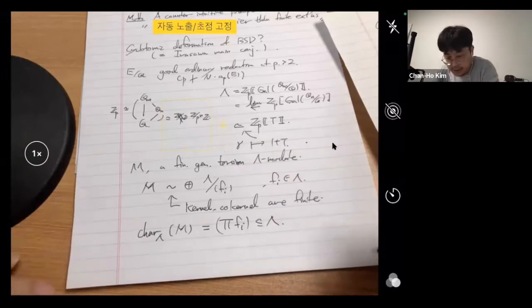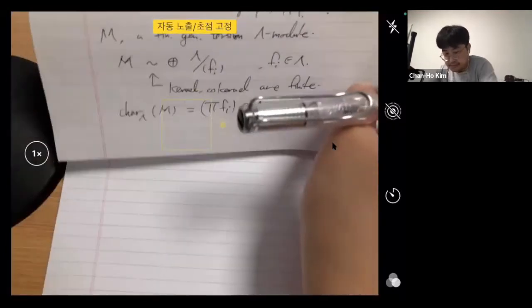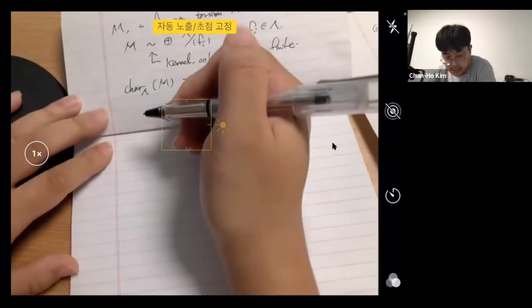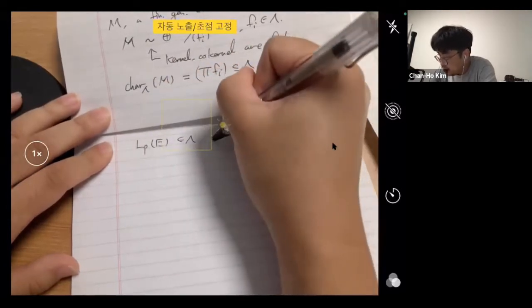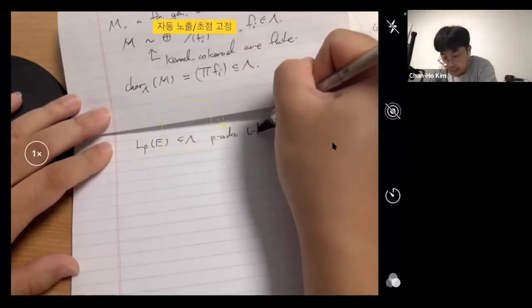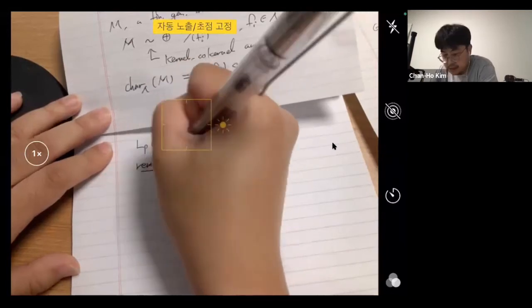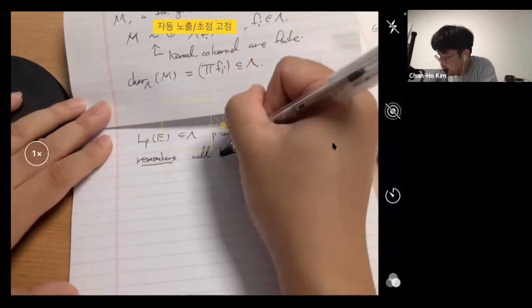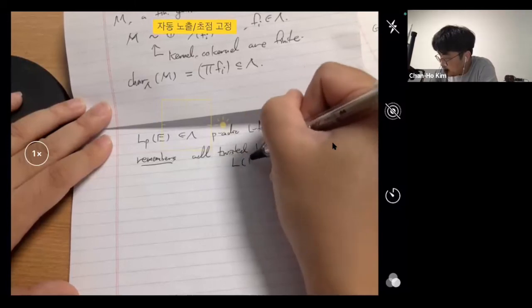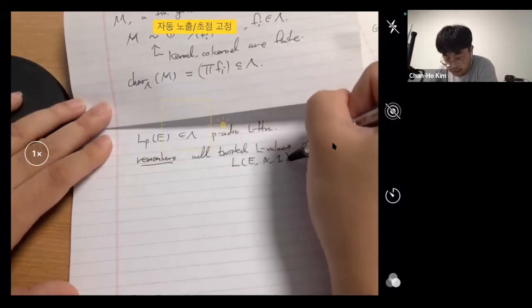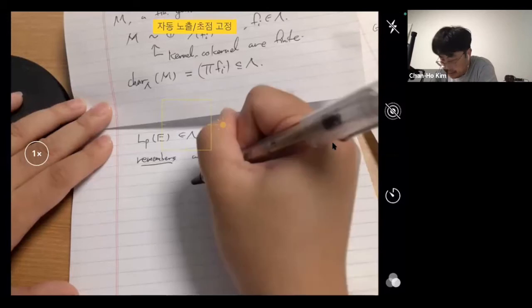Okay. And another object, the so-called p-adic L-function, let me say L_p(E, Lambda), which remembers all twisted L-values L(E, chi, 1).